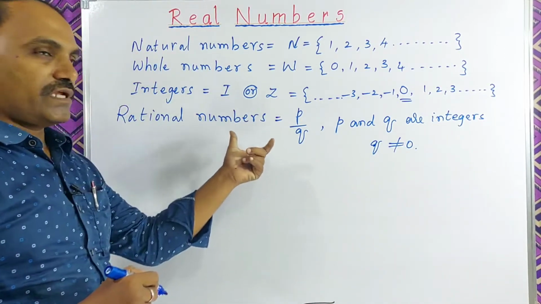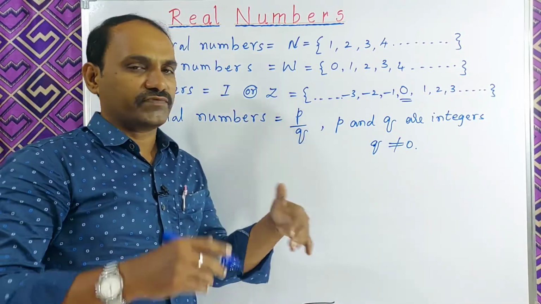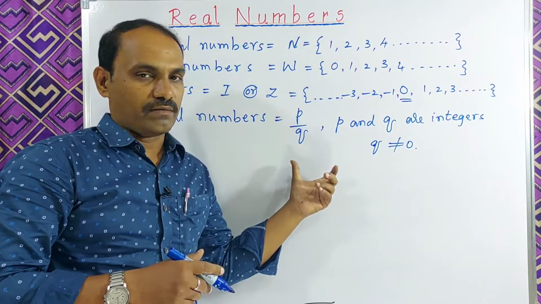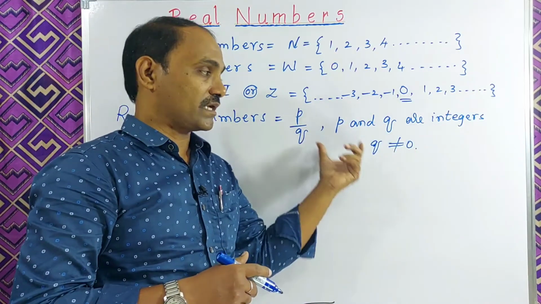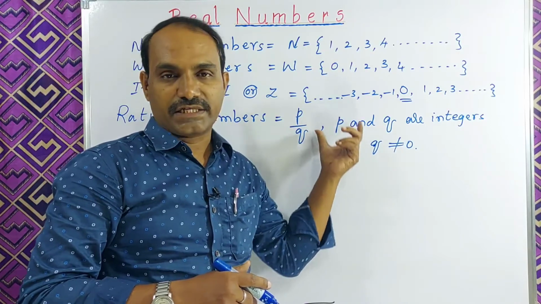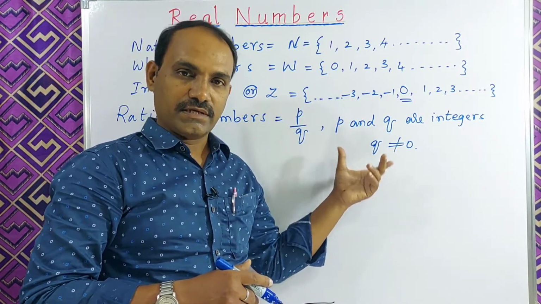This is the definition of rational numbers. Is it understood?